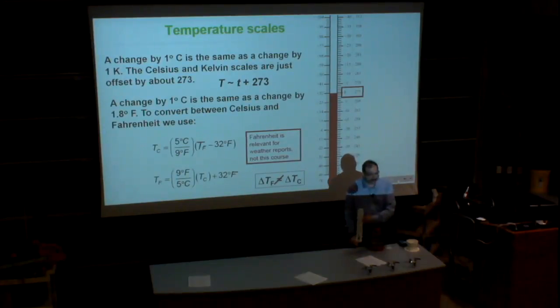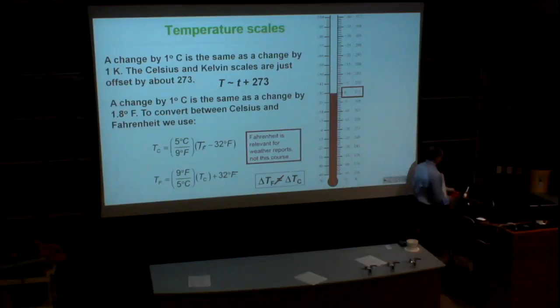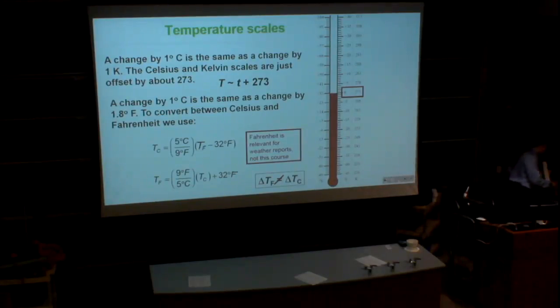He placed the same thermometer into boiled water, drew a line and said 100. And then divided everything into 100 equally spaced units. That's how the Celsius scale has been developed. And because it's based on 100, that's the most convenient. That's why almost everybody else uses it.